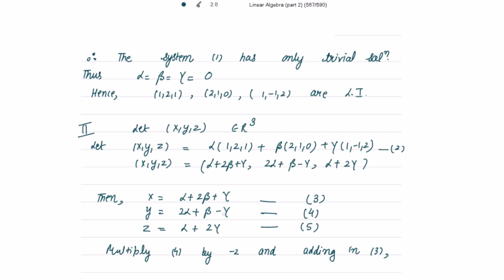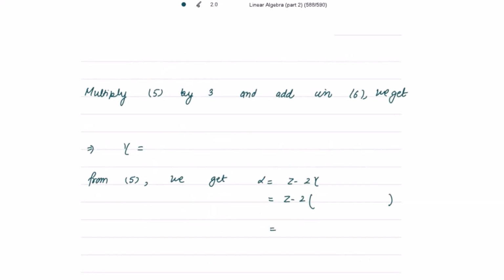And -2 into minus gamma will be 2 gamma. And adding with this in 3, I get 3 gamma. So multiply 4 by -2 and add in 3. What I get is -3 alpha plus 3 gamma equal to x minus 2y.